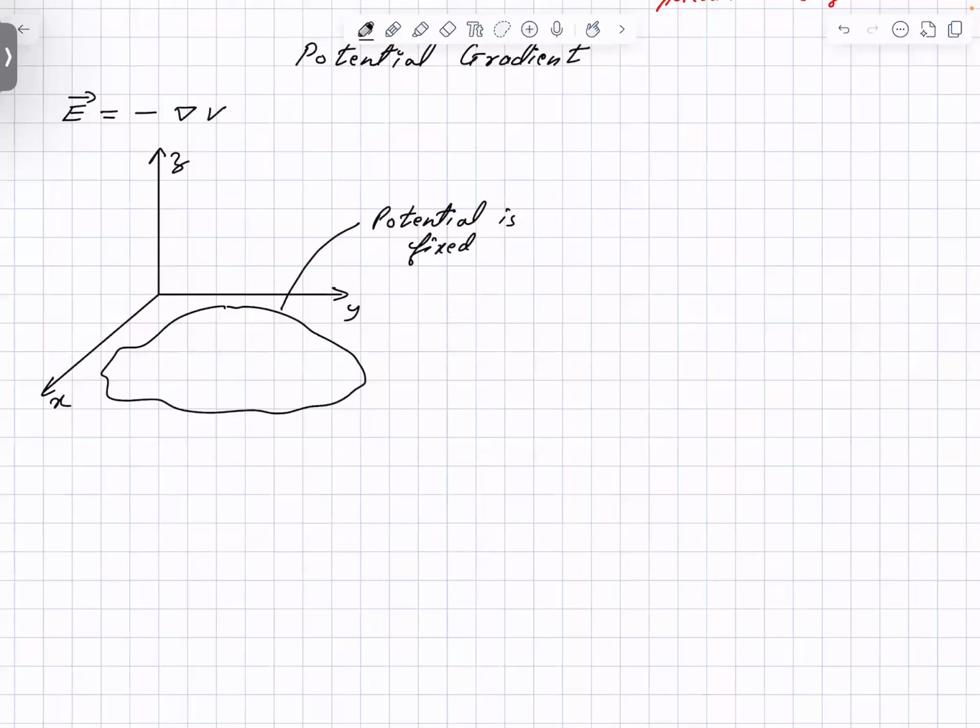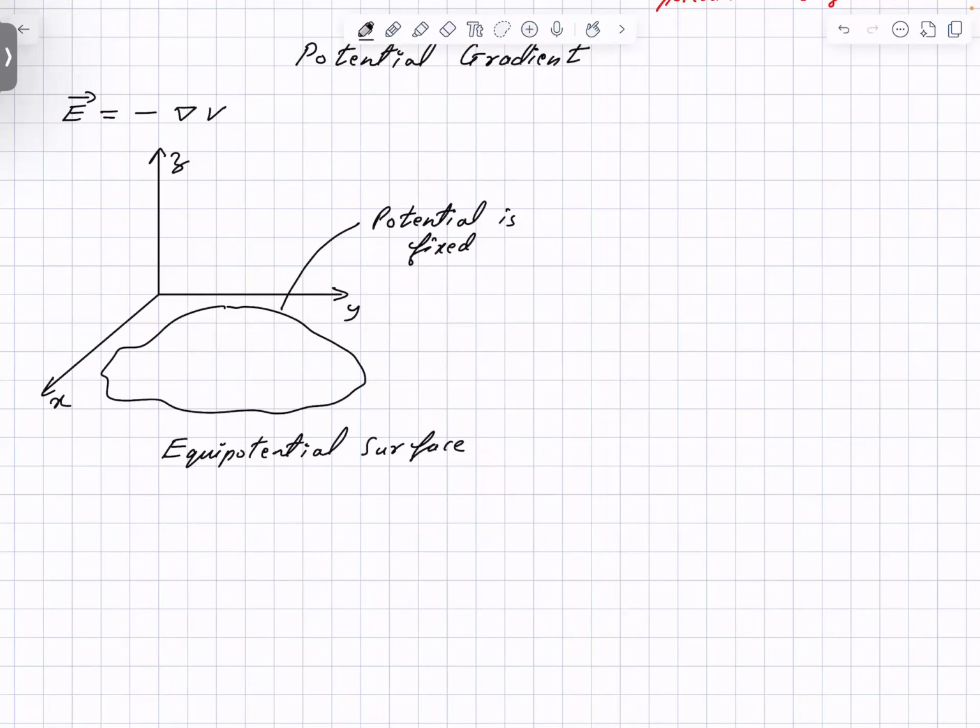Anywhere on this surface, if we measure the potential, its value does not change. Let's assume that. Such a surface is called an equipotential surface. So potential is equal everywhere.